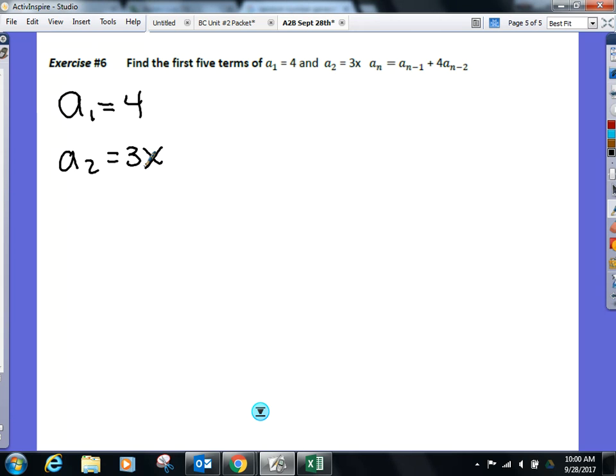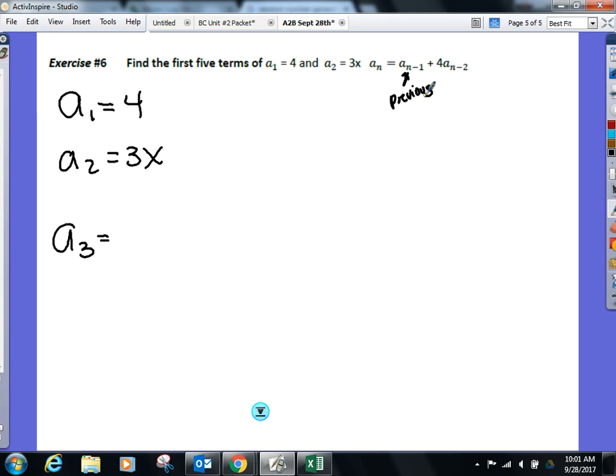All right, well, how am I going to find the third term then? Let's look at our recursive formula that was given. Let's see if we can read it. Ready? To find any term, I'm taking the previous term, which would be what in our case right now?